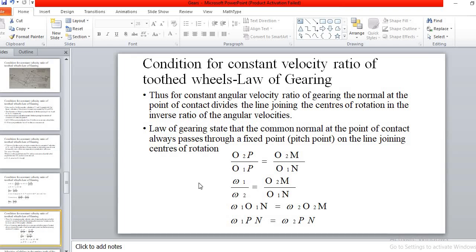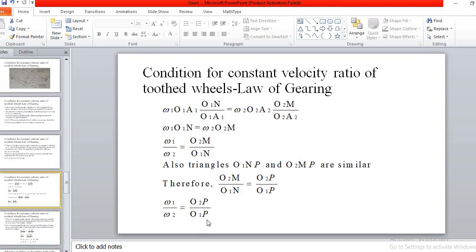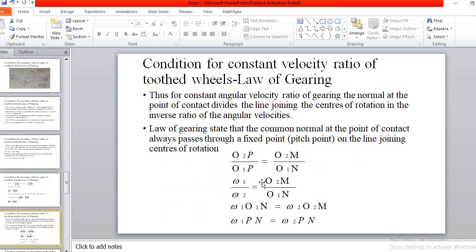Now instead of O2P and O1P, we write it in terms of O2M and O1N. This becomes omega 1 O1N, omega 2 O2M, and this O1N we can write as PN.